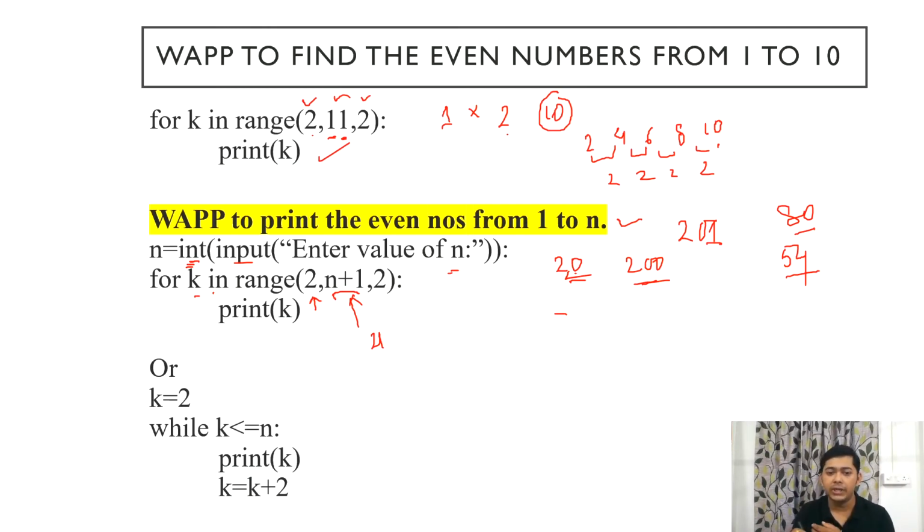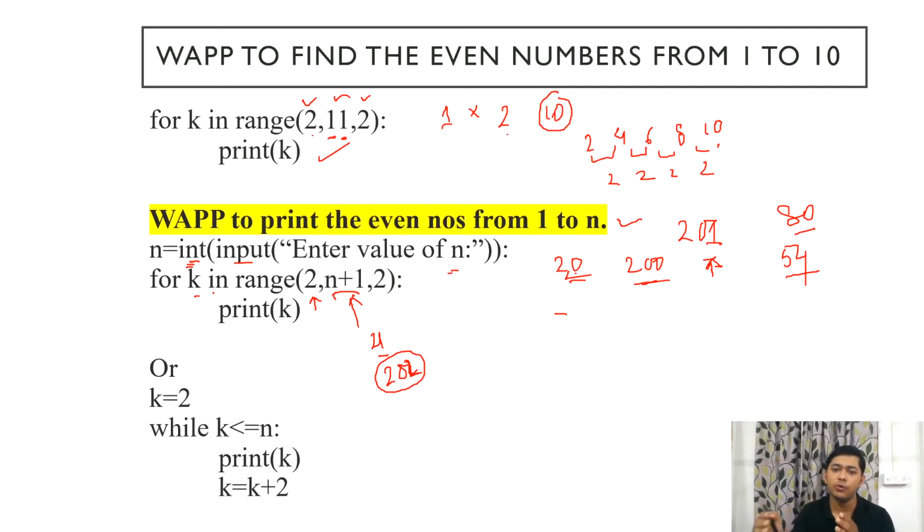If it is 200, then we'll go till 201, so 200 will come. Now if I give 201, what will be the value here? 202. Now 202 will not come because our range is up to 201; 202 will be the stop value. So no problem, we don't need to worry about it. Okay, plus 2.